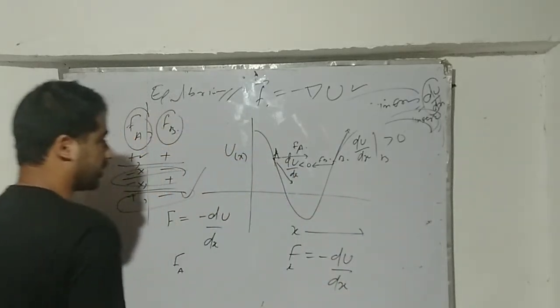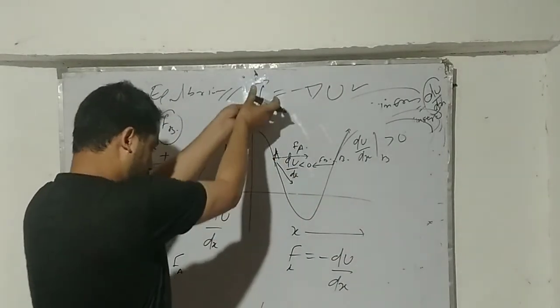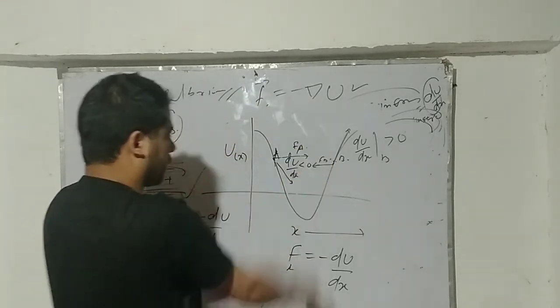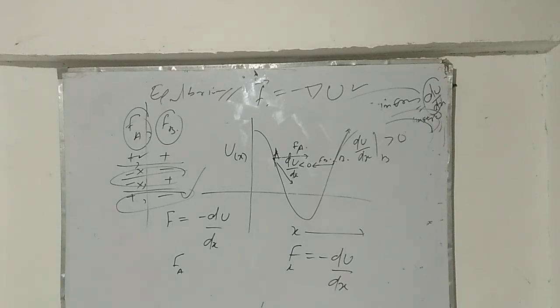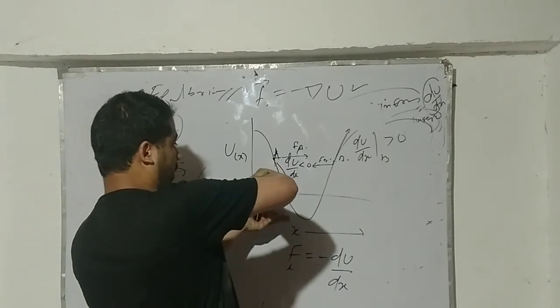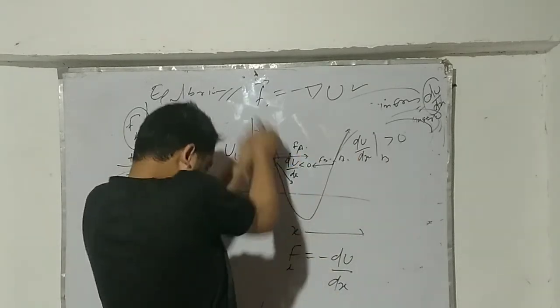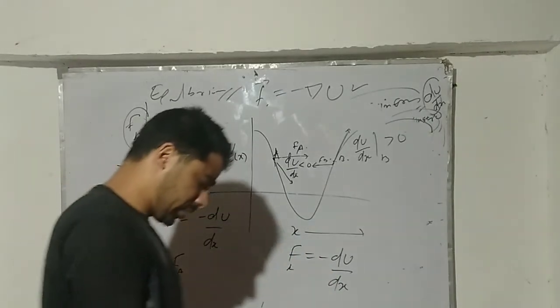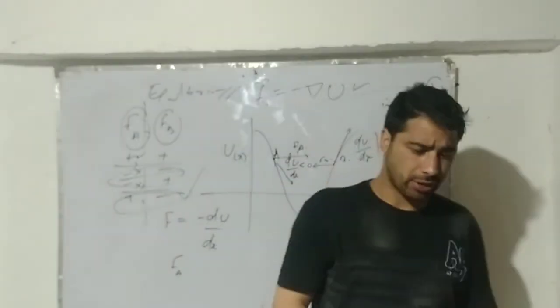This way we can understand it. This force will tend to push this particle this way, but at the same time, my potential energy will also decrease. These are the two conclusions I can get here. Either it will stretch the particle along this way, or it will move the particle down along this way. But in both cases, my potential energy will decrease when we talk about the force.